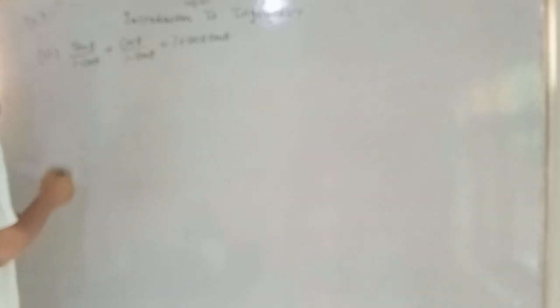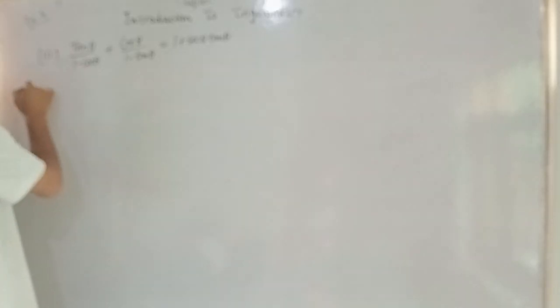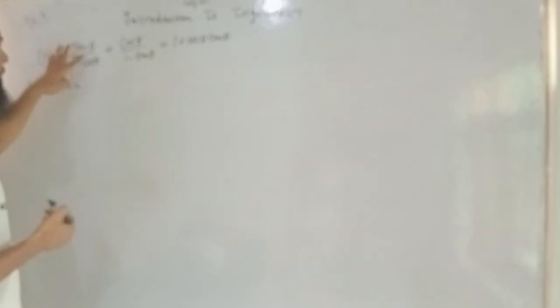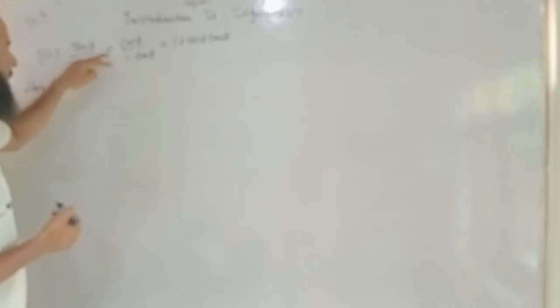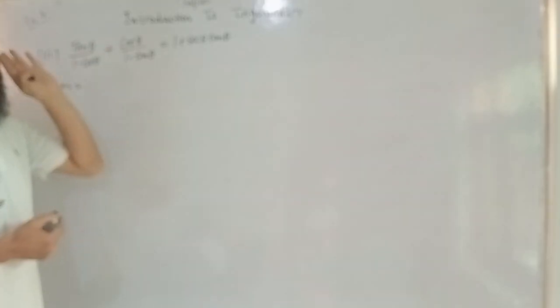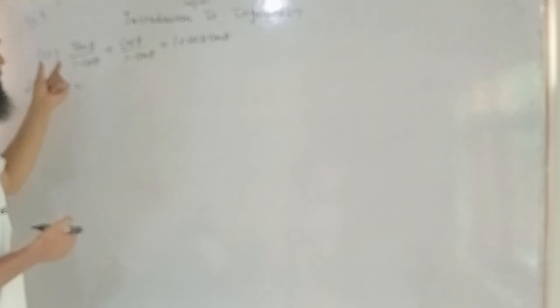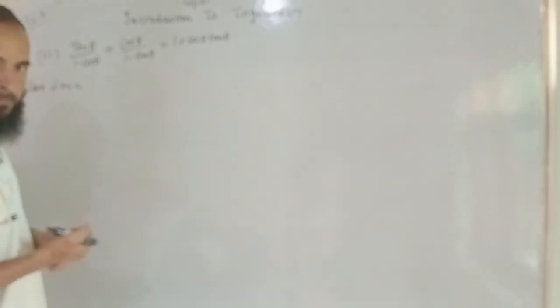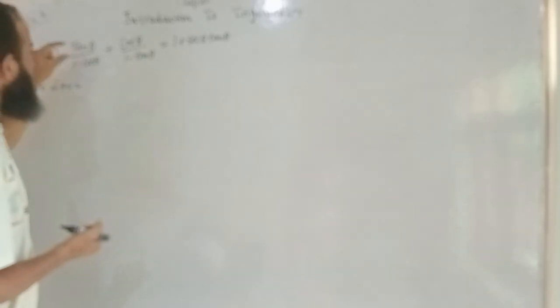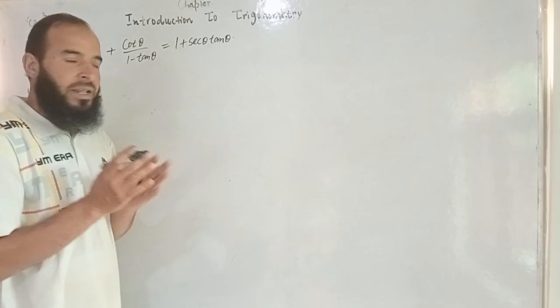So let's take the left hand side. Here our LHS is tan theta upon 1 minus cot theta plus cot theta upon 1 minus tan theta. Do you know, beta, what is the value of tan theta in terms of sine and cos?